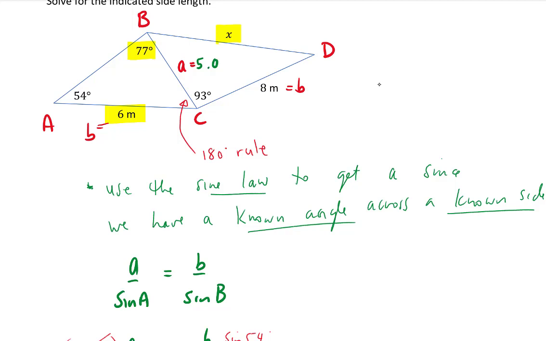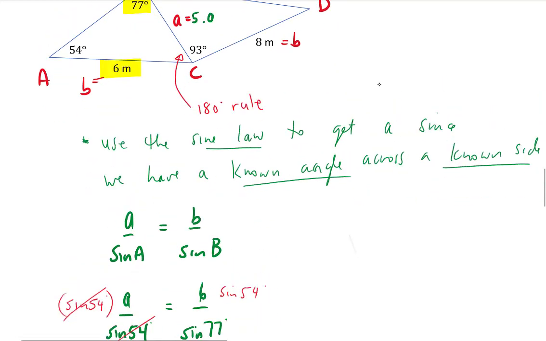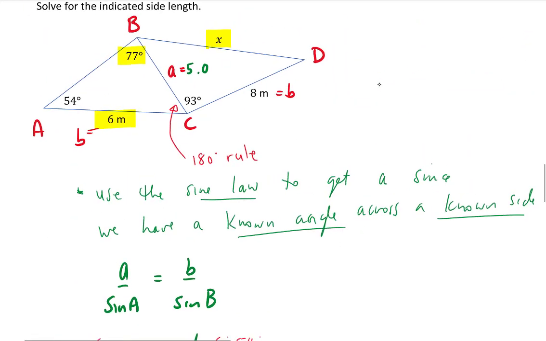Once again, we do not have a right triangle. We don't have a known side across a known angle, so that leaves us with the last law, the cosine law. So to find side x, in this case that is side C, I guess we want to call it there.